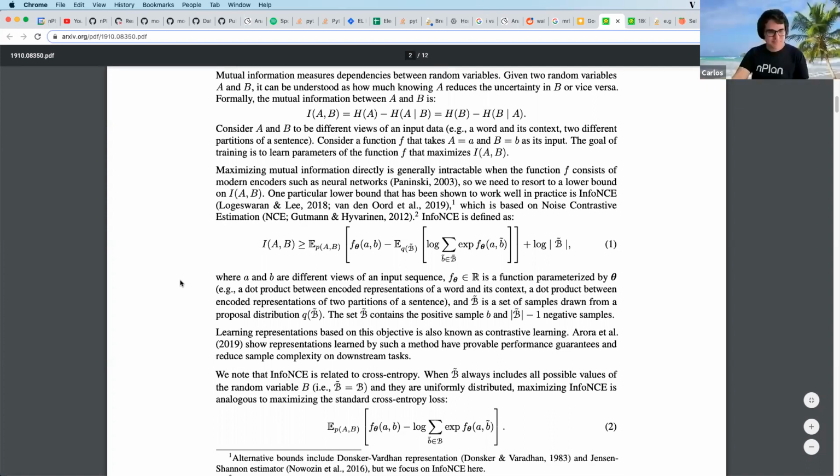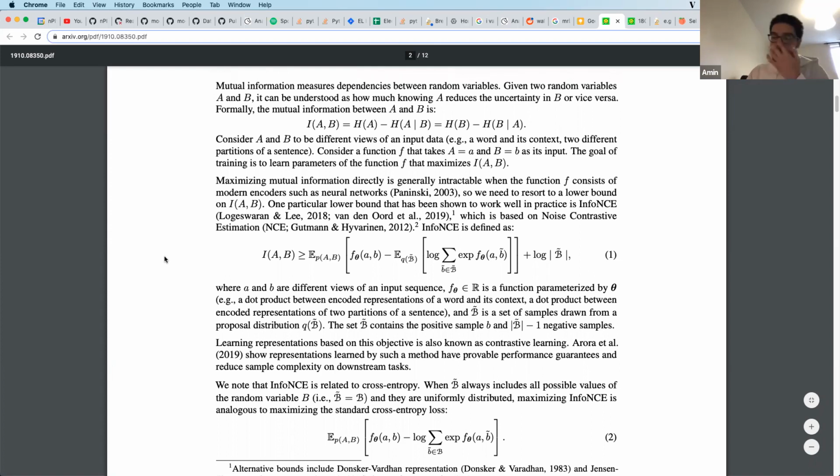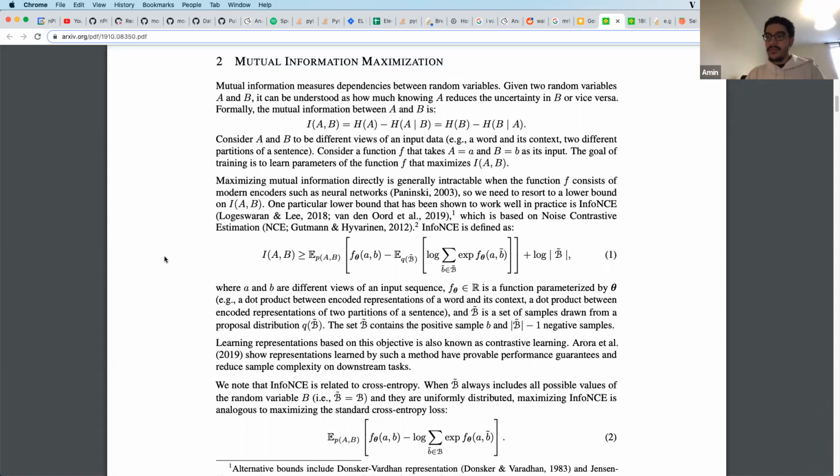Okay. So yeah, the goal is to learn a function which maximizes the mutual information between the views. The issue is that there isn't a way to formulate the mutual information when the function is something like a neural network or contains a transformer encoder, for example.